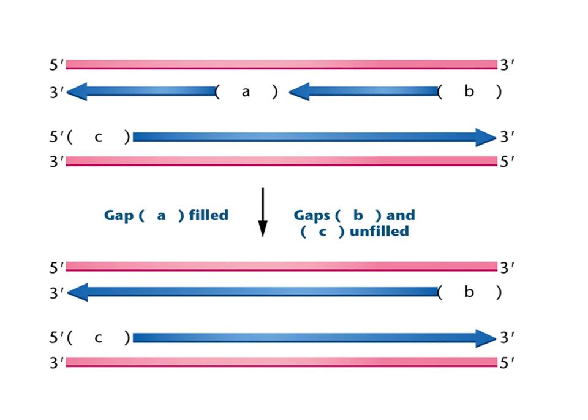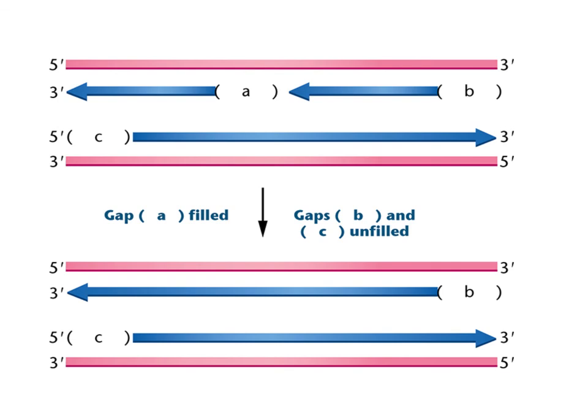But there's going to be that last little gap, because all DNA polymerase does is add a new nucleotide to the hanging 3' end to our right. What it's not going to do when it puts in that last nucleotide is also connect the 3' end of that new nucleotide to the 5' end that's already there on that leftmost fragment.